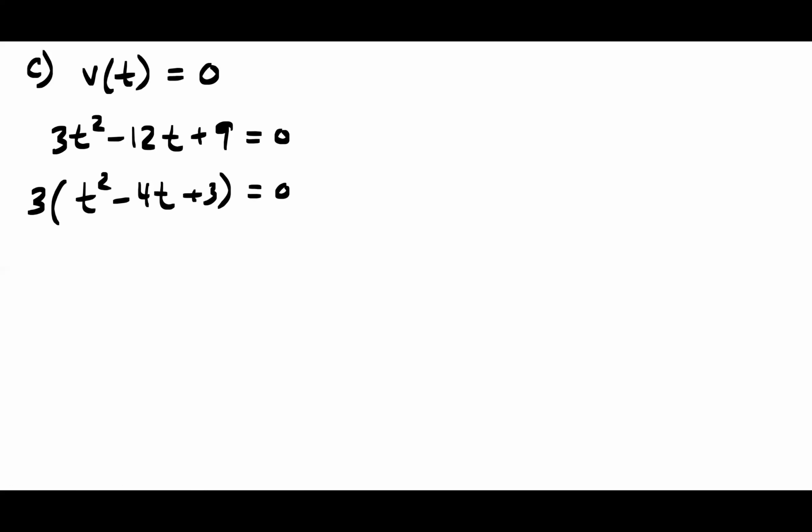I can divide out the 3, or I can keep the 3 as a multiplier, whatever. It doesn't matter to me. But I think it's gonna factor into a -1, -3. That's the only way to make a +3 add to -4. Sweet.